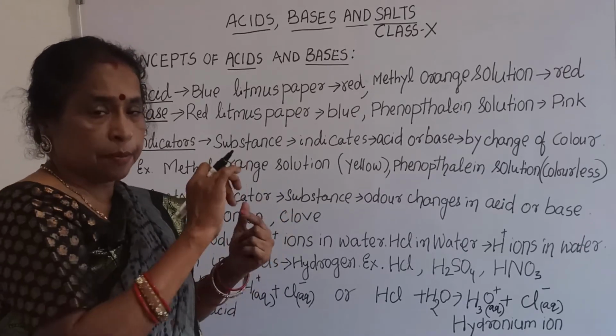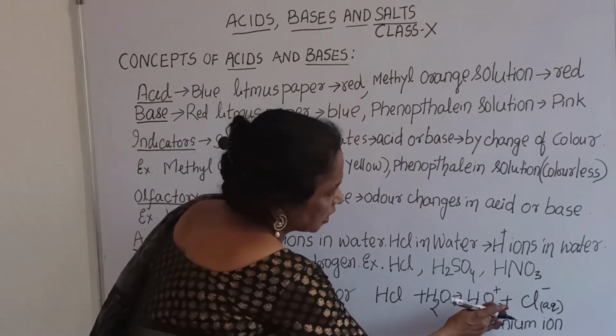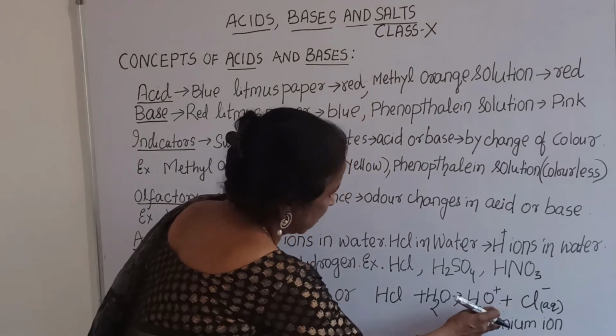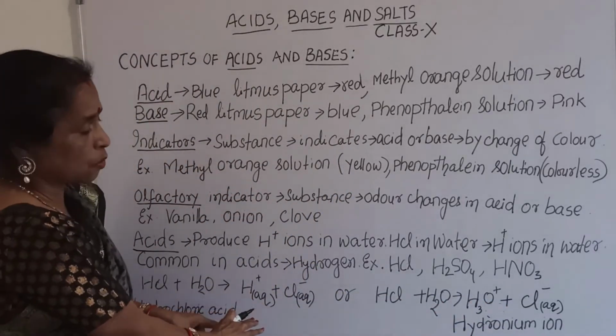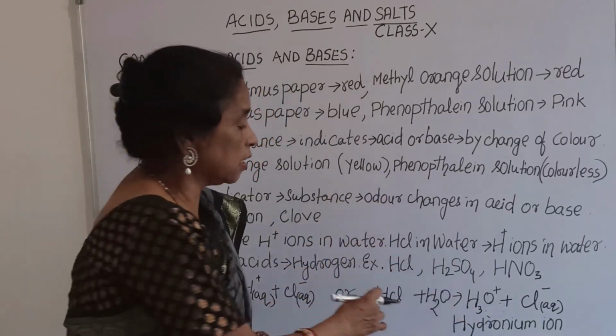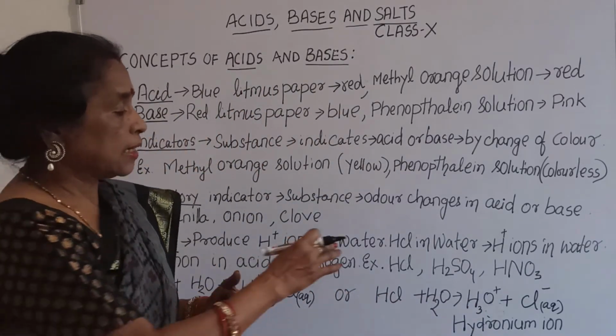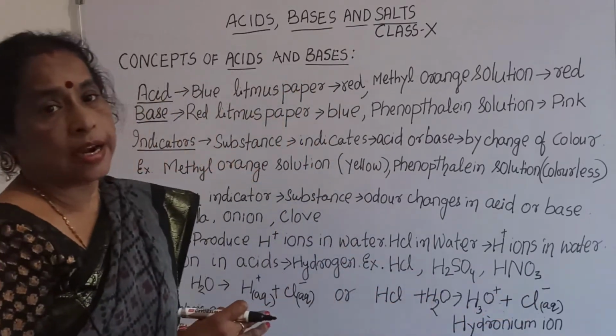Writing aq for H3O plus is not necessary, because it has already reacted with water. That is why H3O plus is called hydronium ion, and Cl minus is called chloride ion.